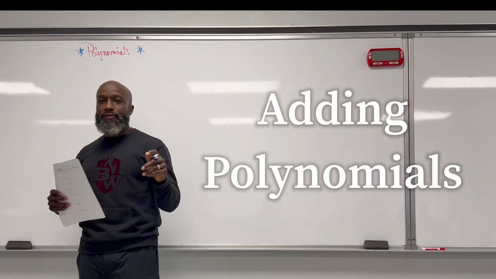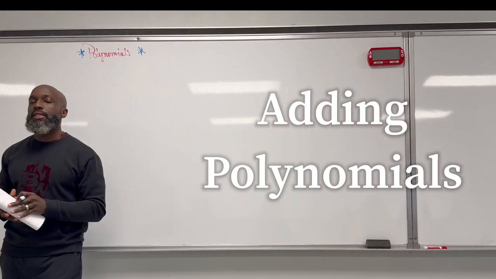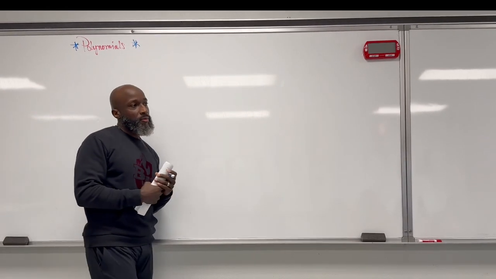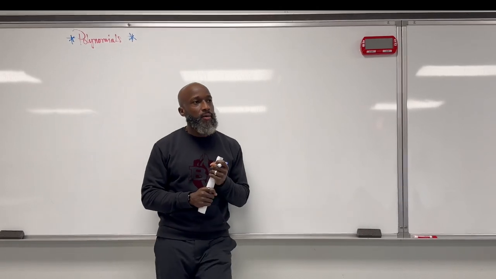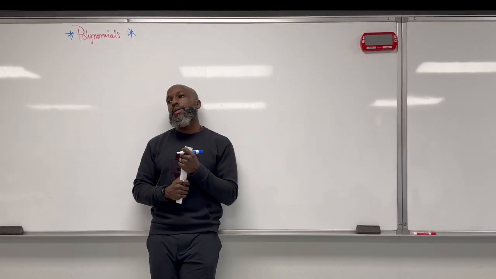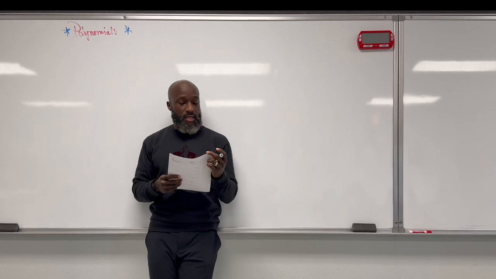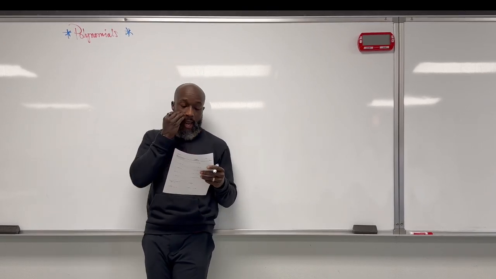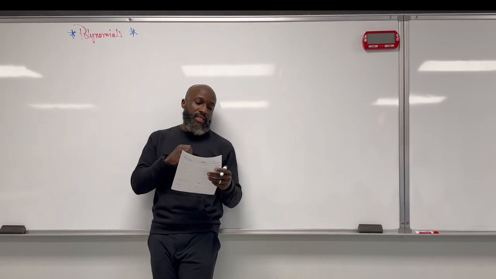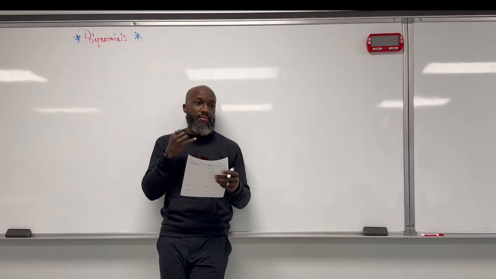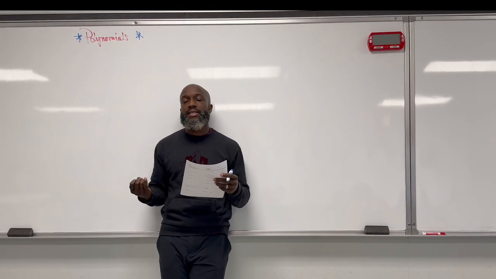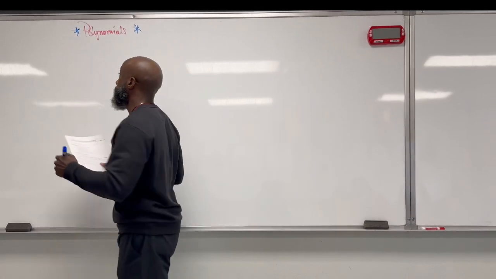In order for us to know what a polynomial is, we need to know what separates them, or what separates terms. Polynomials are math expressions that have terms in them. A term is a piece of math connected by plus or minus signs.